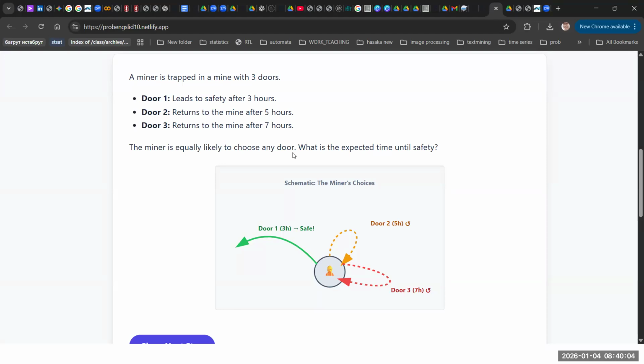Why does x start from 3? X is the traveling time, how many hours until he gets to safety. X is at least 3 because the shortest amount of time is 3 hours.